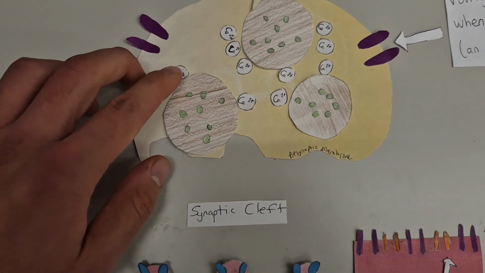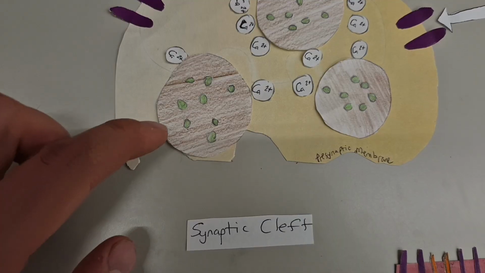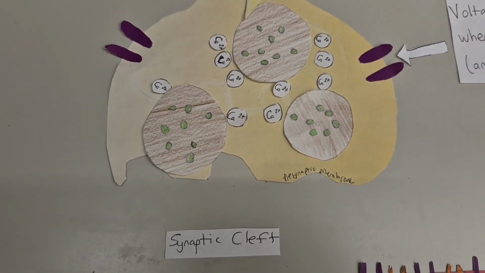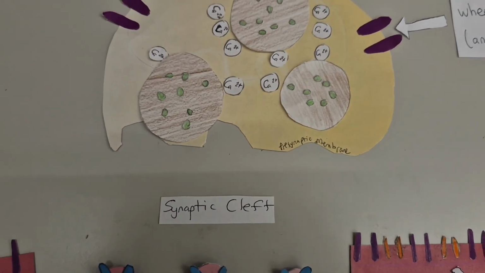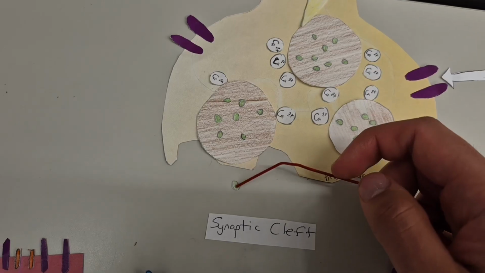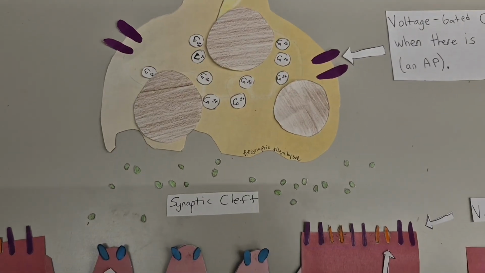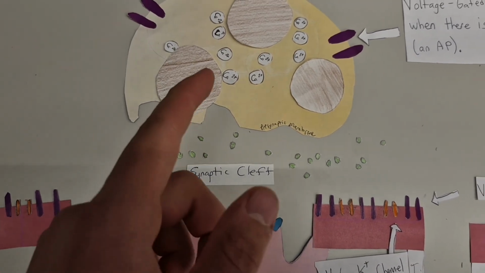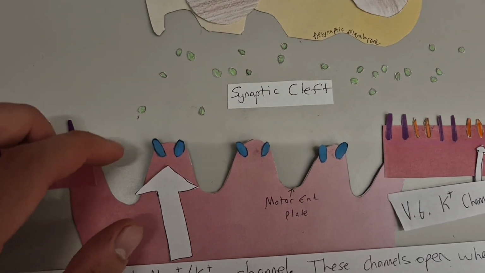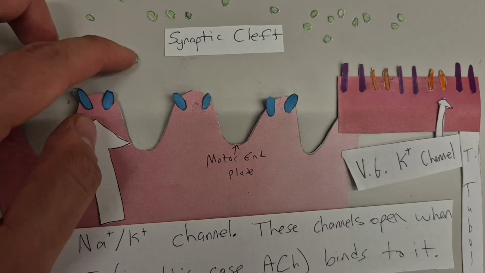Once the calcium binds with and interacts with the vesicles, the vesicles are going to fuse to the presynaptic membrane on the axon terminal, and release the neurotransmitter acetylcholine via exocytosis into the synaptic cleft. Once the acetylcholine comes out of the vesicles via exocytosis, it is going to bind to ligand-gated sodium-potassium channels.